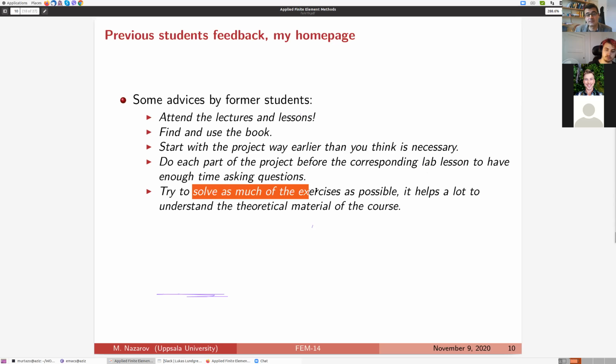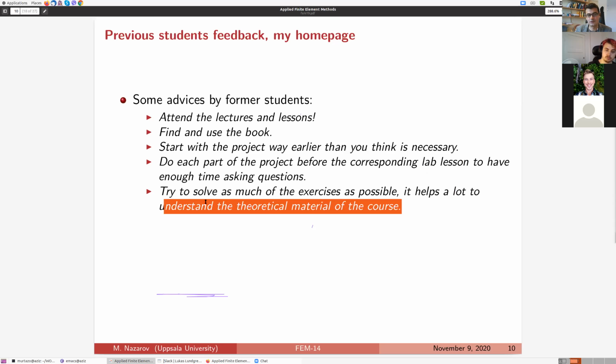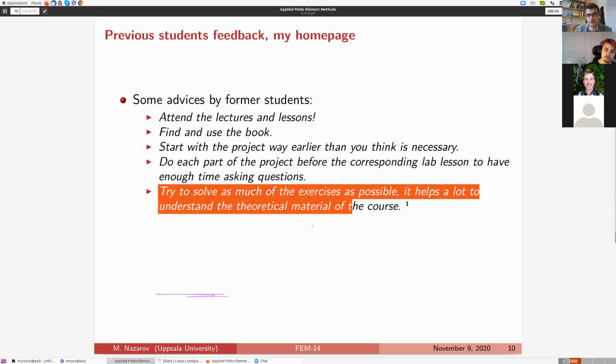Try to solve as many of the exercises as possible. It helps a lot to understand the theoretical material of the course. So this is also what I already mentioned. After each lecture, I will upload problem sets.